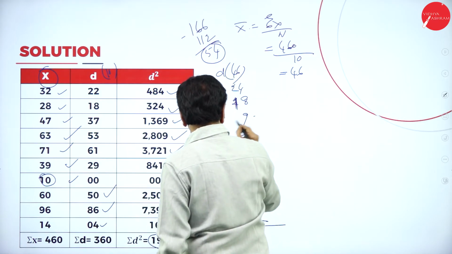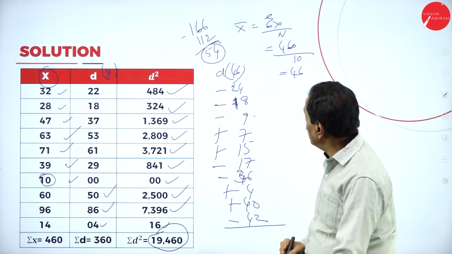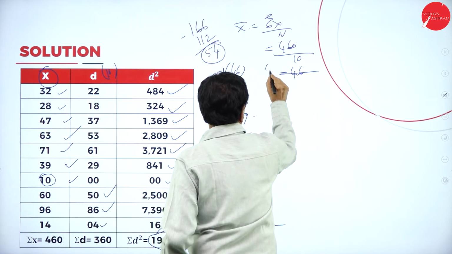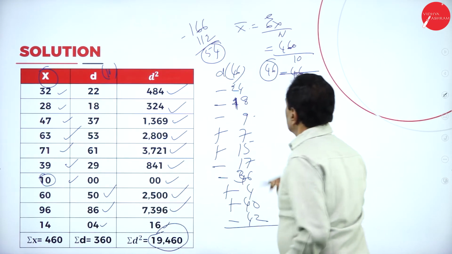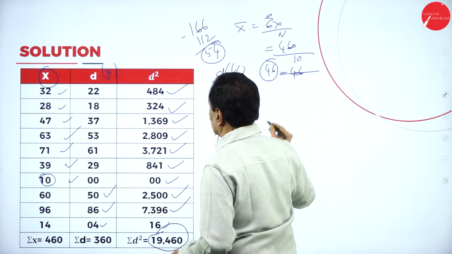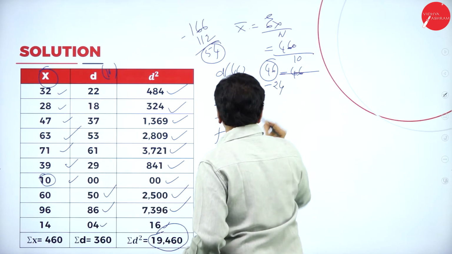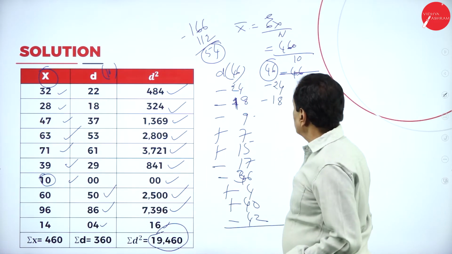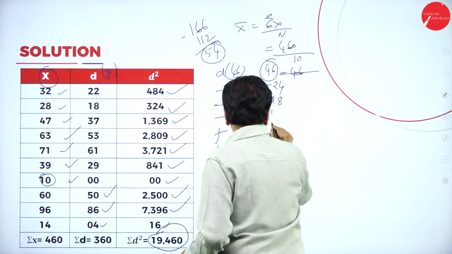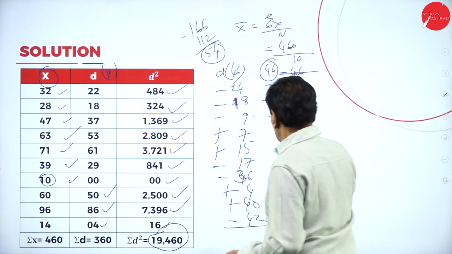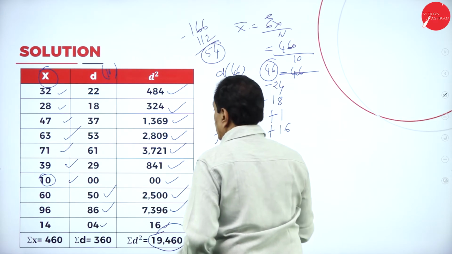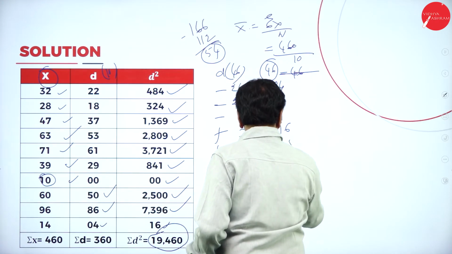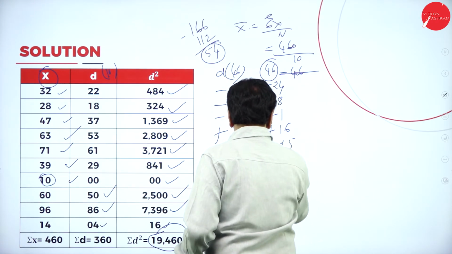We'll simplify this once again; the entire simplification we will do. Your base is 46. Assume that. What is the first number? 32, minus 24. 28, minus 18. 47, how much more? Plus 1. 63, how much more? 16. 71, how much more? 25.